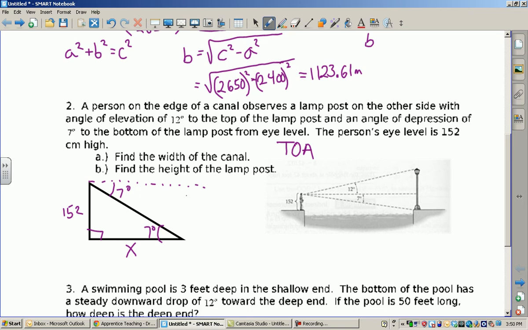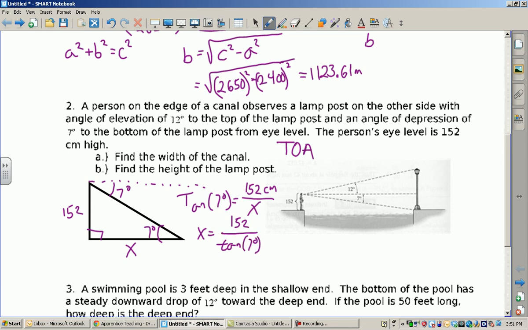So I know that the tangent of 7 degrees is equal to 152 centimeters over x. Now, after doing some rearranging, I get x is equal to 152 centimeters over the tangent of 7 degrees.